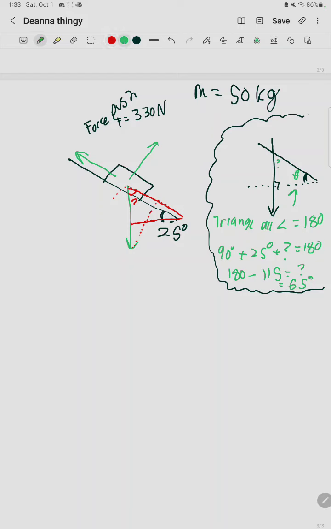Let's define our axis real quick. I'm doing along the incline as x and perpendicular as y. So then, force gravity is going to be x, which is adjacent.